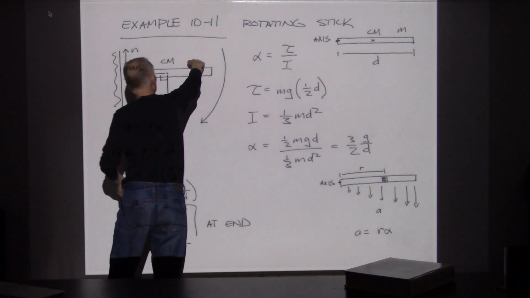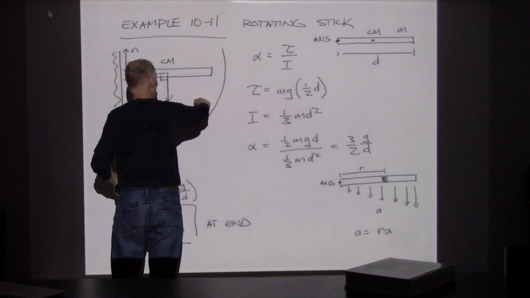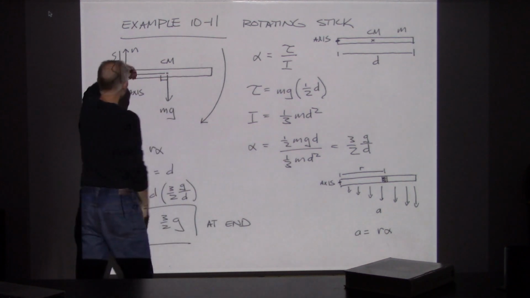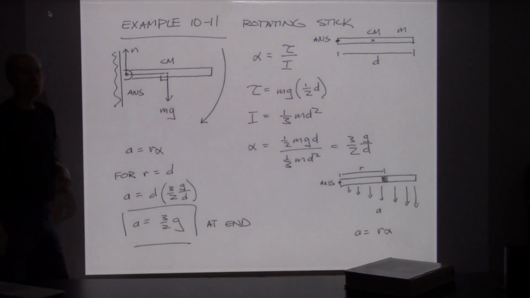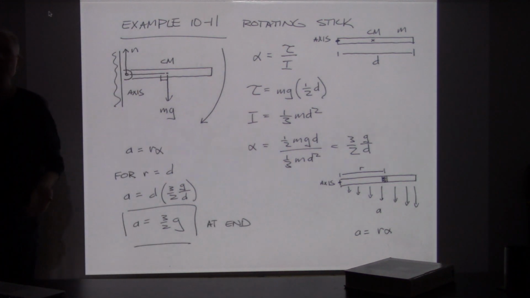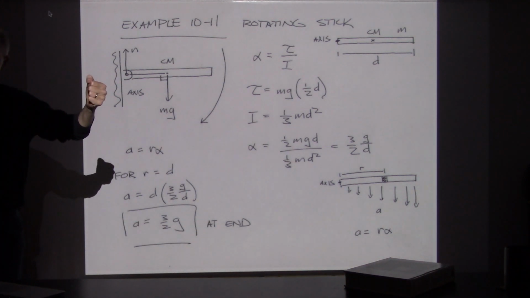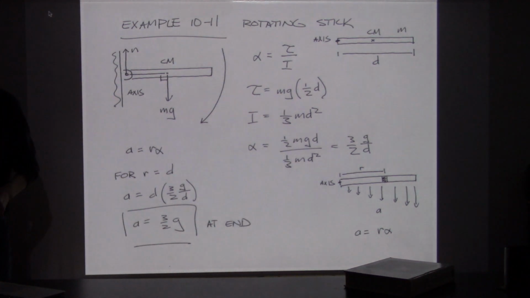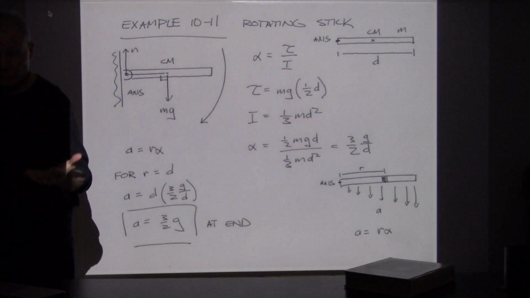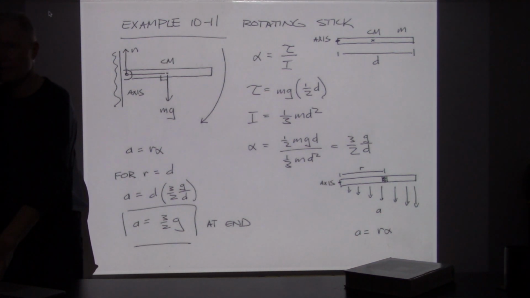So this end of the stick is going to get pulled down with an acceleration greater than g. Other parts of the stick will be at accelerations less than g. So it's kind of interesting. If you're part of an extended object and you're released like this, your acceleration due to gravity could be faster.